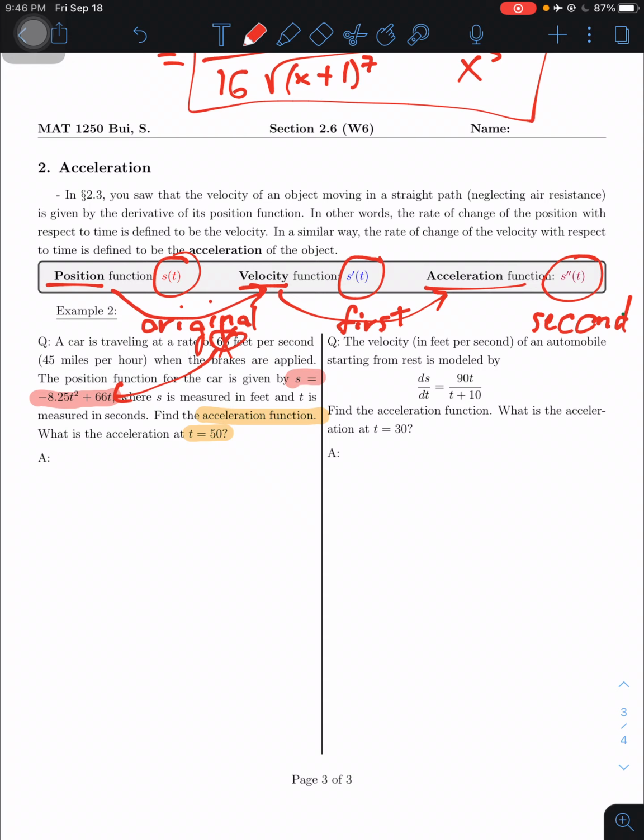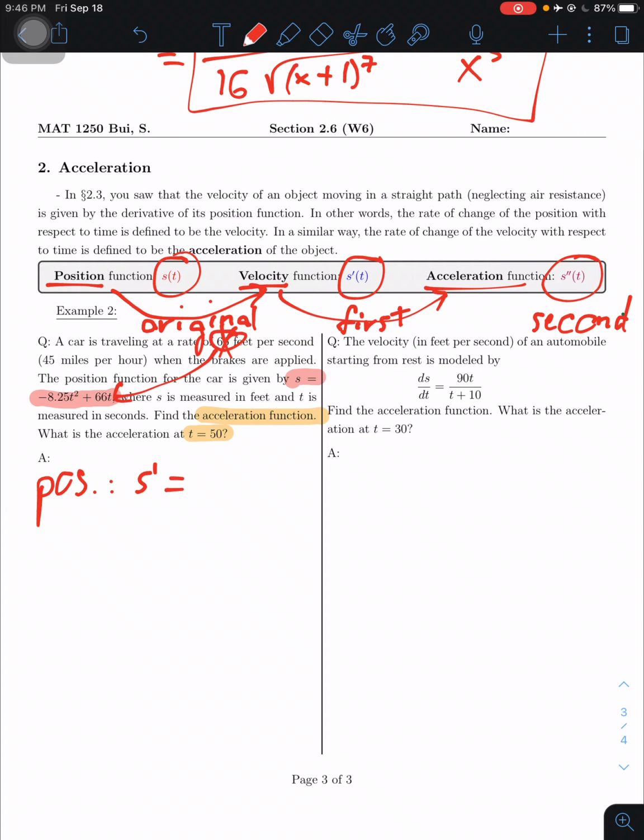A common mistake for the position function is that a lot of people tend to take the first derivative. I don't know why, but a lot of people do s prime.